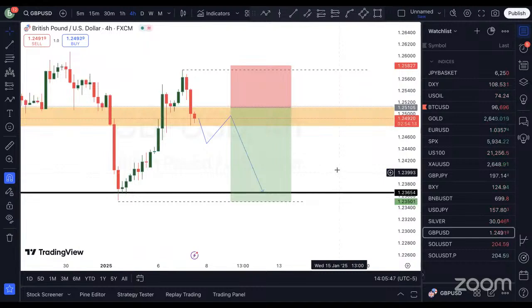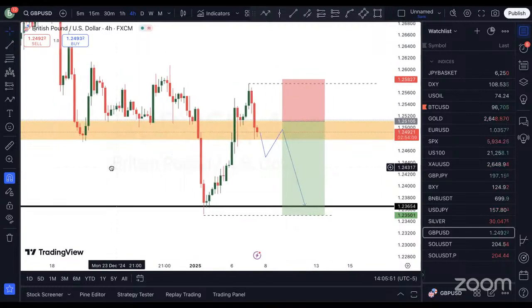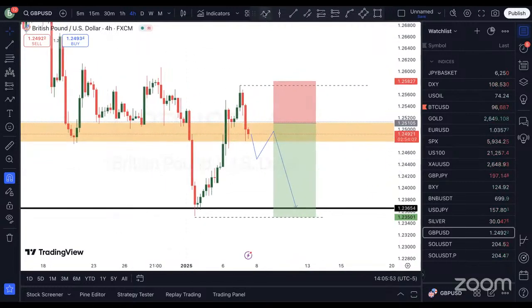What if we are going to buy these assets? If we are going to buy this asset, what we need to see tomorrow after the news is price doing whatever it's doing, but then going to break this level here. If price breaks this level, or perhaps even this level that was created.